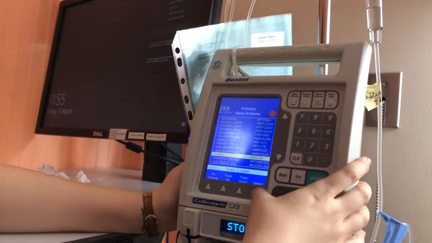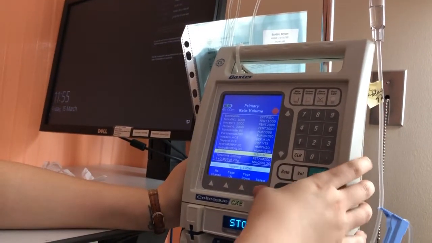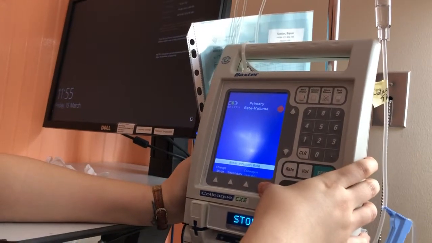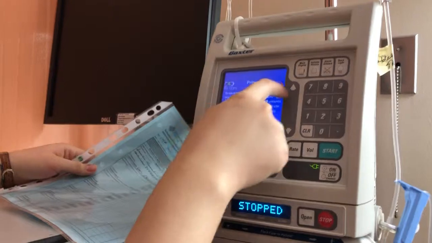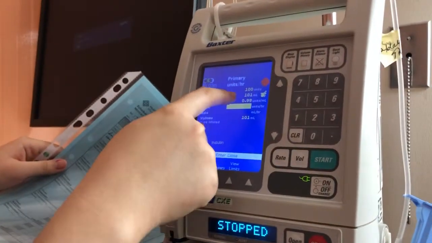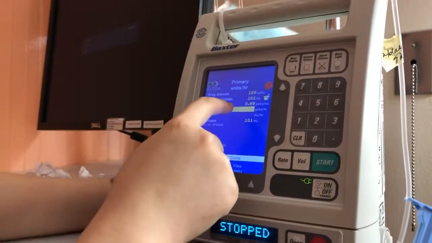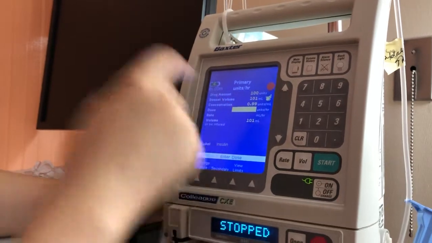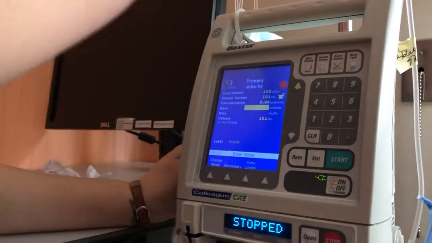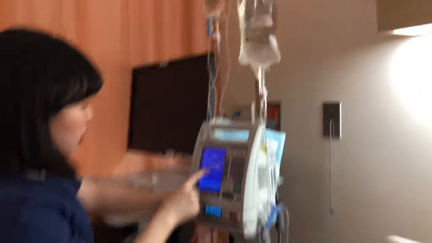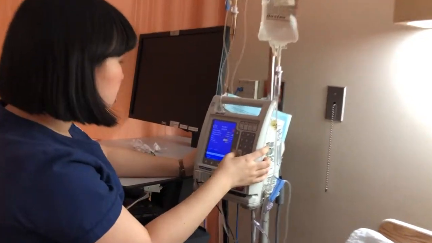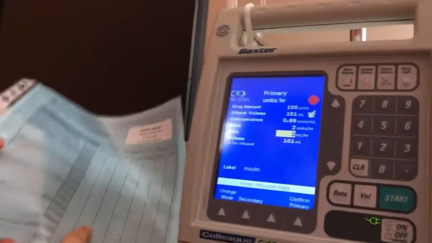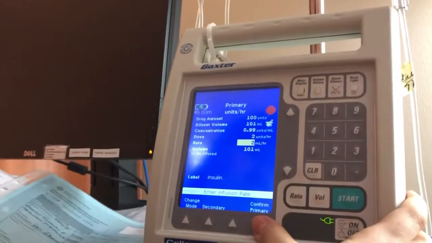So I found the insulin here, so I select the insulin, and the drug amount is 100 units, and the diluent is 101 milliliters of normal saline, and concentration 0.99. It matches with the label here, and the dose will be 2 units per hour. And the rate will be 2 milliliters per hour, as I calculated before.